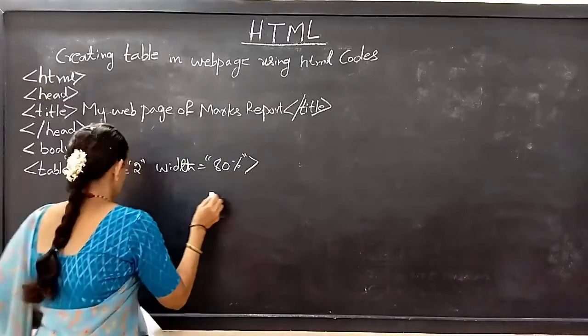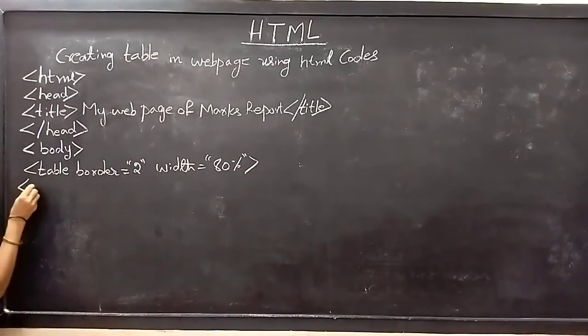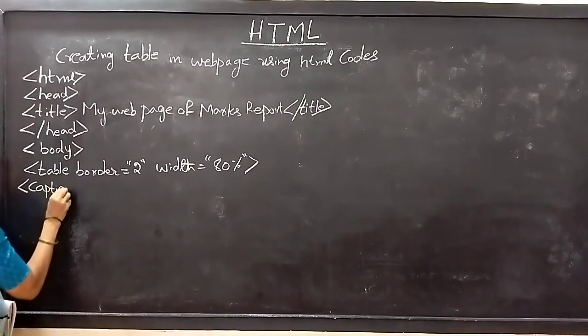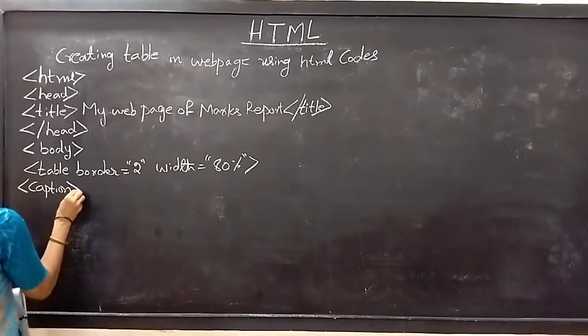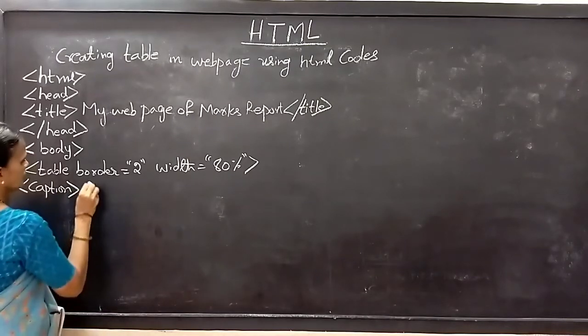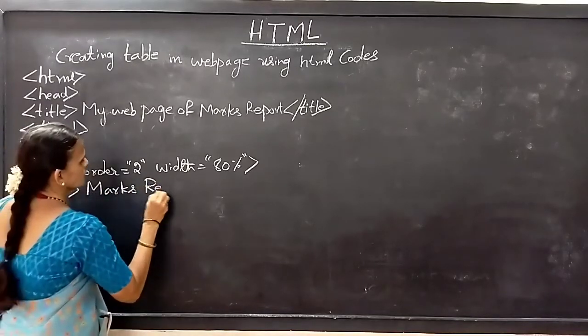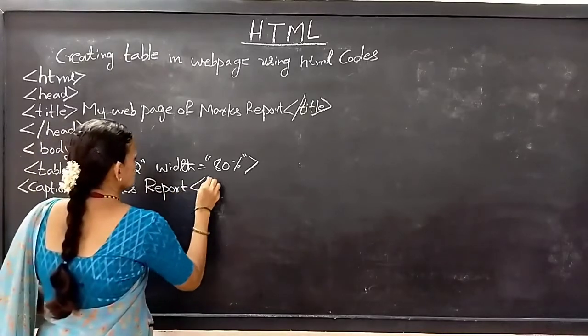Now next, we want to give a heading for the table, so write a caption. Whatever caption we want to write, you have to write within the caption tag. We'll write Mark's report, and close that.